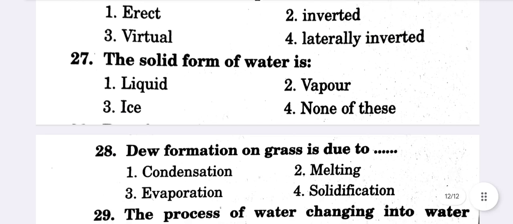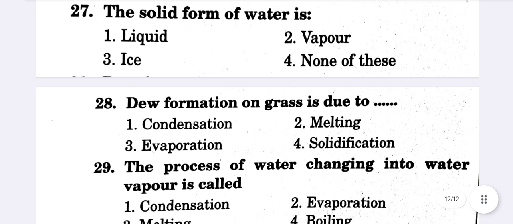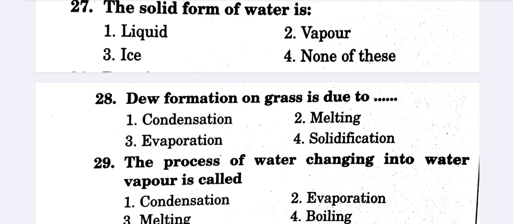So the next question. Dew formation on grass is due to condensation, melting, evaporation, or solidification. So here dew formation on grass is due to condensation.